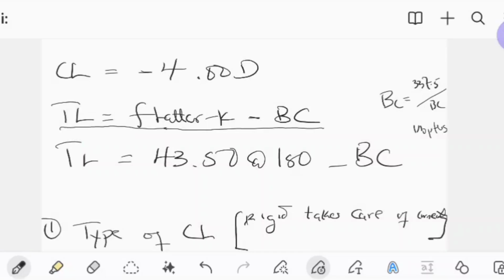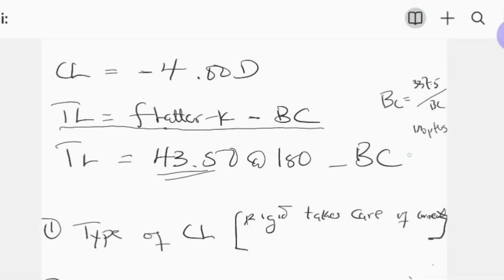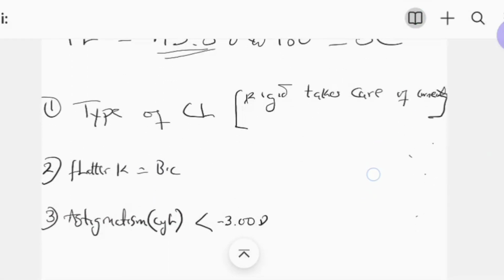So we did that, and we discovered that our flatter meridian and our base curve gave us the same value, which is 43.50, and when we subtracted it, our tear lens was 0, showing that this lens, this -4 diopter contact lens on the eye, is resting on the flatter curve, and in such a case there won't be any form of tear lens formation.